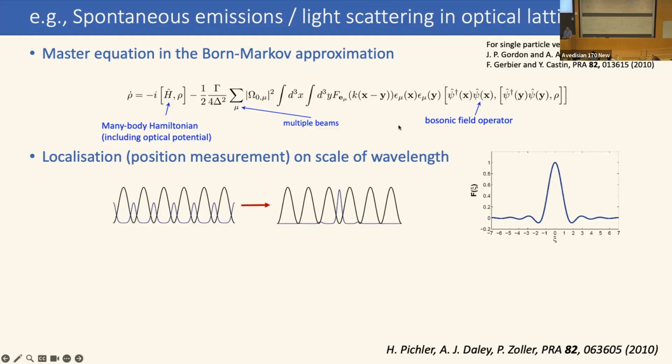So what's happening is scattering light is giving you information about where the atom is. If it was in a superposition of all sites, you eventually go down to something where the environment, even if you don't measure the photon, sees where the atom is on a scale of the wavelength of light. And so it decoheres these sorts of superpositions.